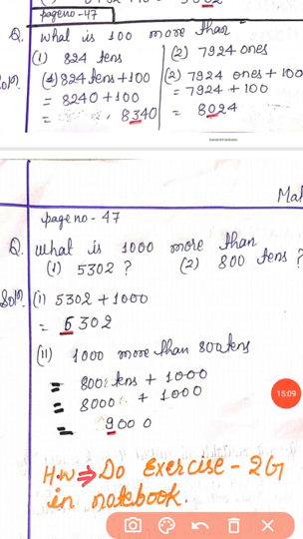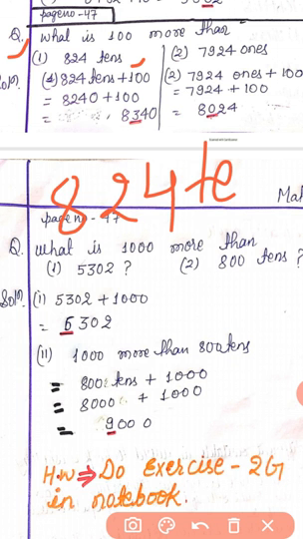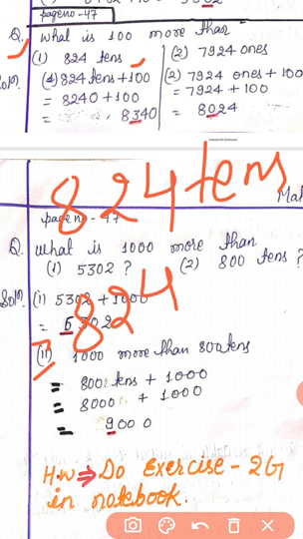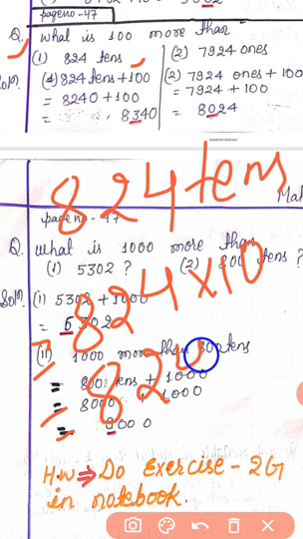Now we see the second question. What is 100 more than 824 tens? 824 tens means 824 multiplied by 10, which is equal to 8240. Okay, 8240, and we have to find what is 100 more than 8240.